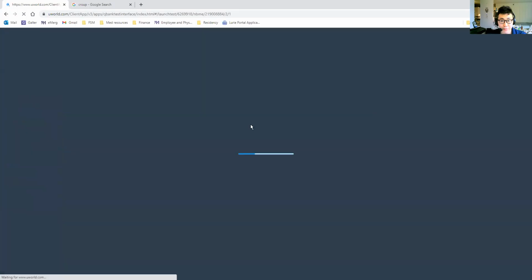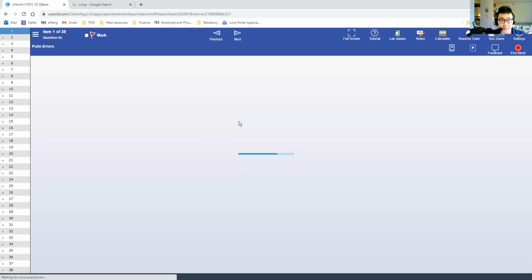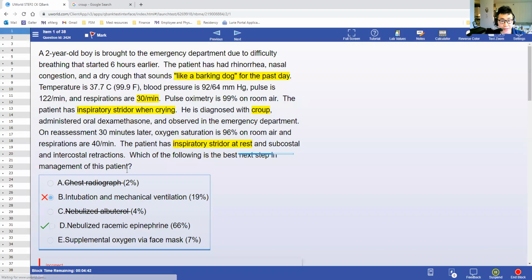All right. First question. This is a kid who came in with bacterial croup, and it asked what the next best step in management was. I got this question wrong because I confused the management of epiglottitis with the management of croup. So epiglottitis, you intubate immediately, whereas for croup, you give albuterol as well as epinephrine.